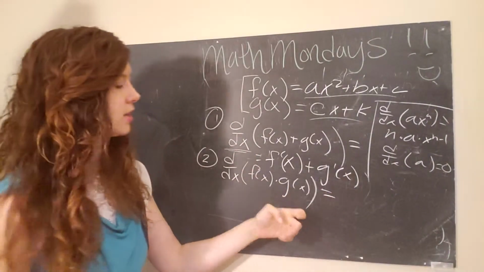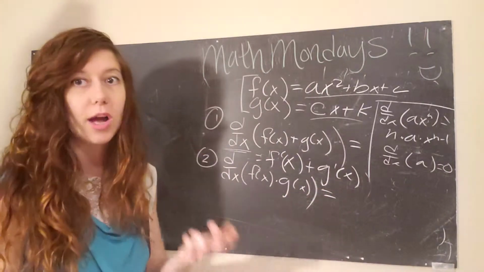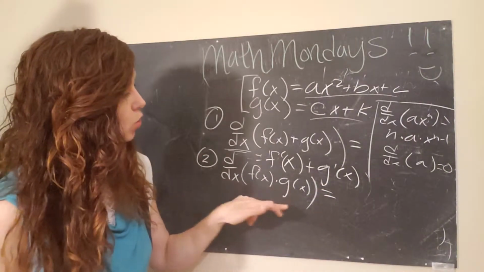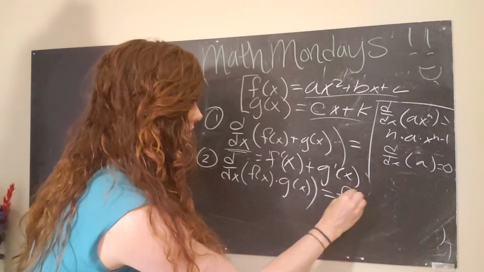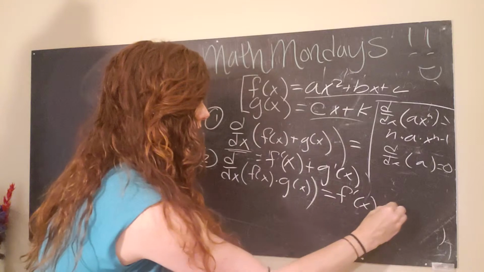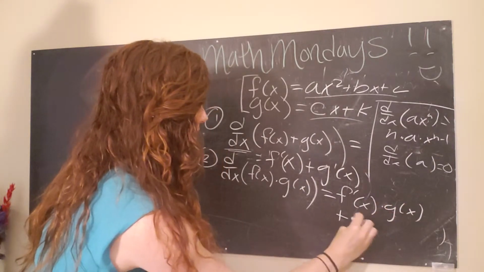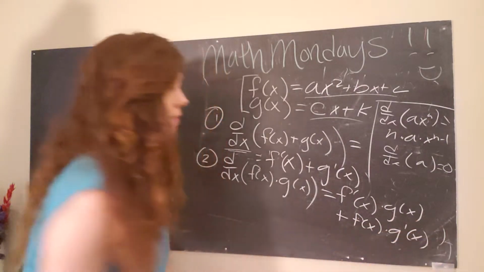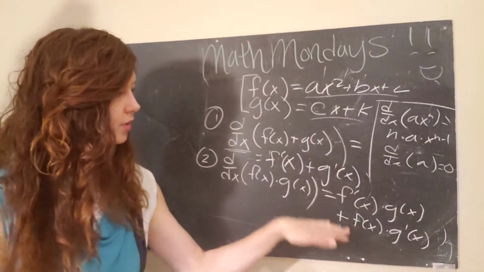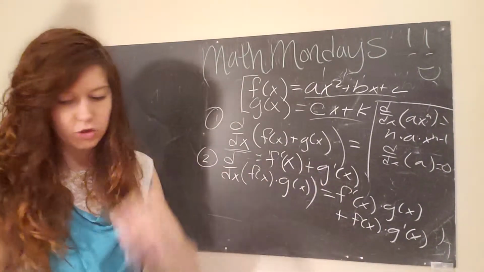So the way that this works is that you take the derivative of the first one and multiply it by the second, and then take the derivative of the second one and multiply it by the first. And that looks like this: f prime of x times g of x plus f of x times g prime of x. That's it. You just add those two together.